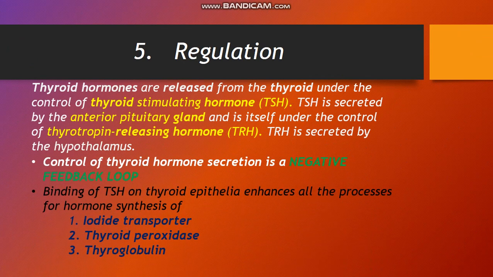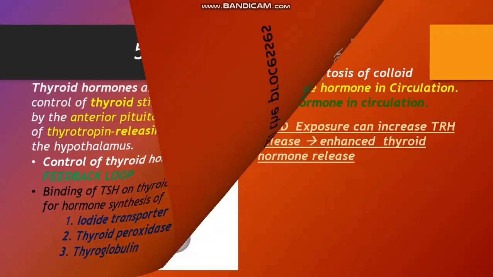Control of the thyroid hormone secretion is a negative feedback loop. Binding of the TSH on thyroid epithelia enhances all the processes for hormone synthesis: iodide transporter, thyroid peroxidase and thyroglobulin formation. This happens when the TSH comes and attaches on the thyroid epithelial cells.